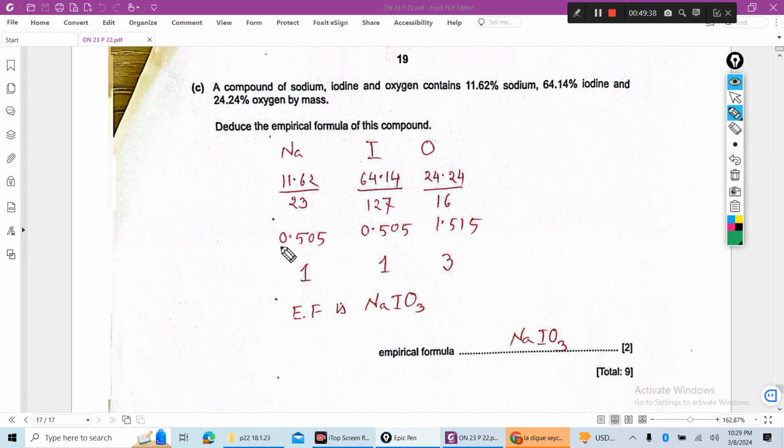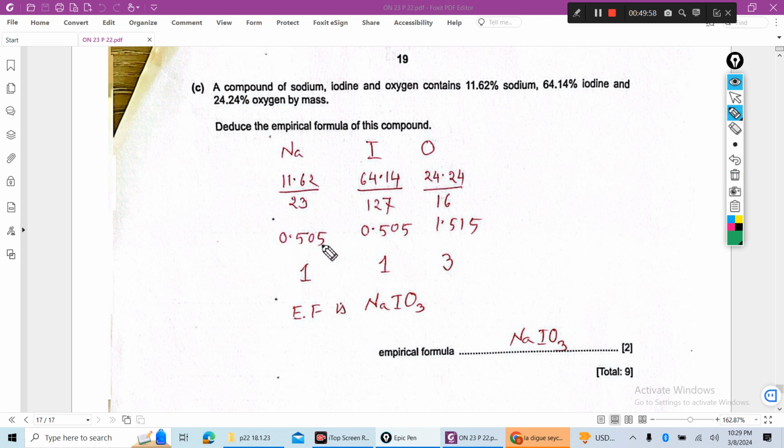You will get these values. After that you will divide by the smallest one. These three values, 0.505 is the smallest. So if you divide all values by the smallest one, you will get 1.